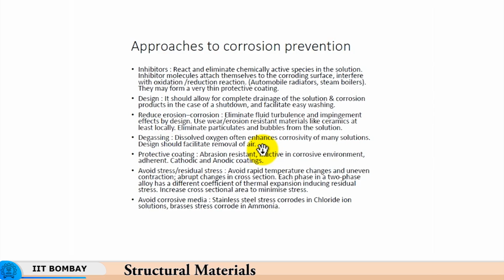Now, if you have multiple phases, then each phase has its own electronegativity. So, one phase will be more anodic as compared to the other. So, basically this is an issue. Then there can be different thermal expansions associated with these phases, different coefficients of thermal expansion, and due to that these phases can induce residual stresses, particularly when the workpiece is being heated or cooled.